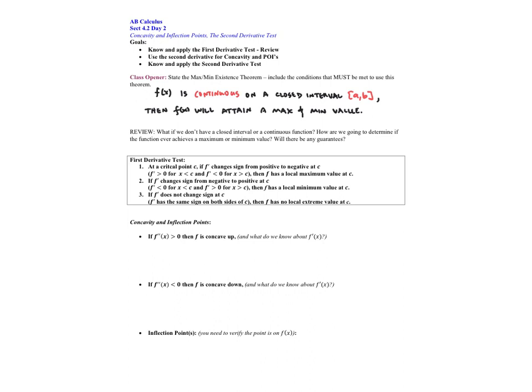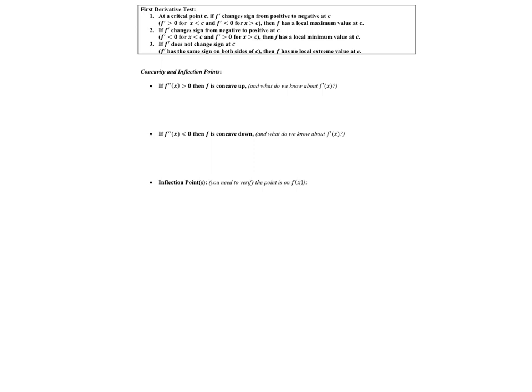Okay, let's talk about the second derivative a little bit, and specifically about concavity and points of inflection. So if f double prime is greater than 0, then the function f is concave up. What that means for f prime is that if f double prime is greater than 0, then f prime is increasing. We're going to look at an example of this in a couple of minutes.